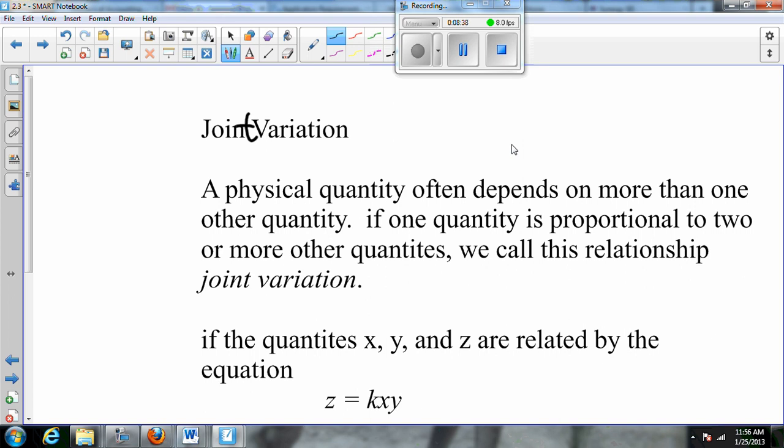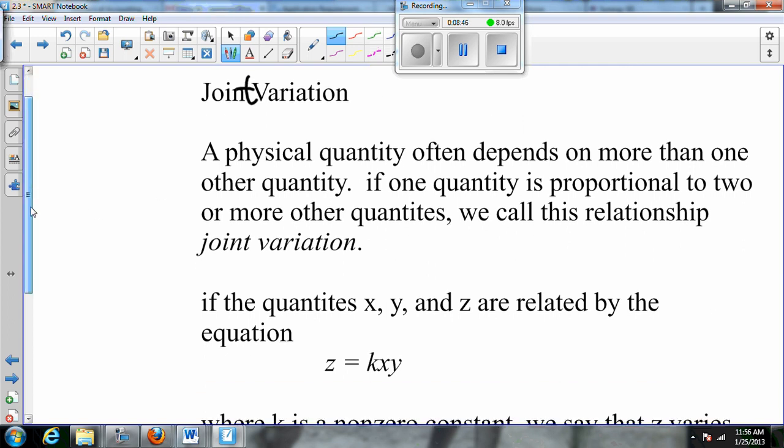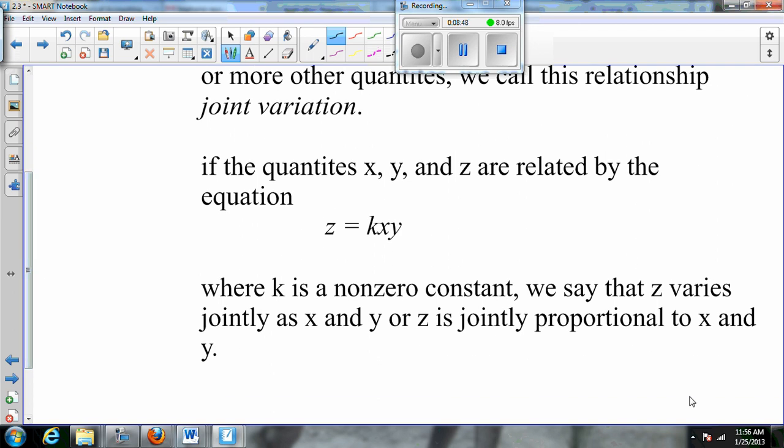If the quantities x, y, and z are related by the equation z equals kxy, where k is a non-zero constant, we say that z varies jointly as x and y, or z is jointly proportional to x and y, because it depends on what x and y are.